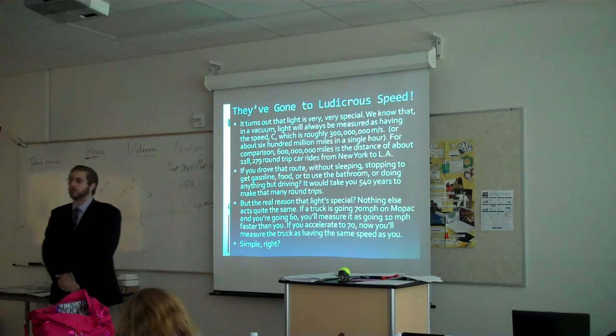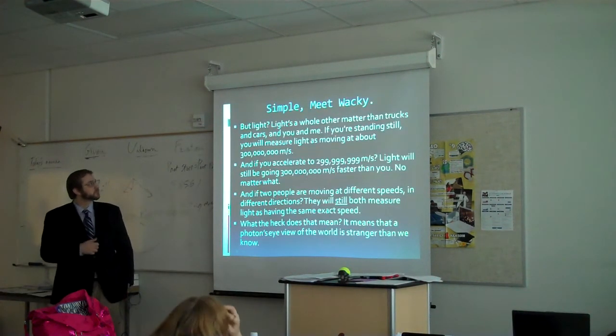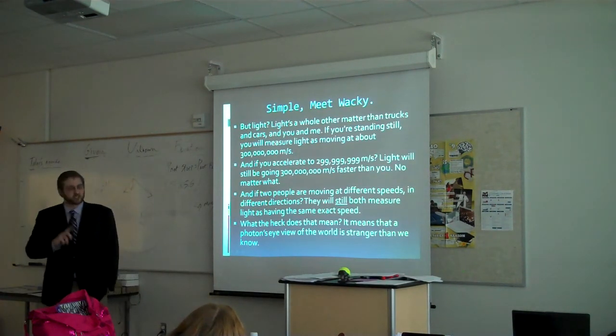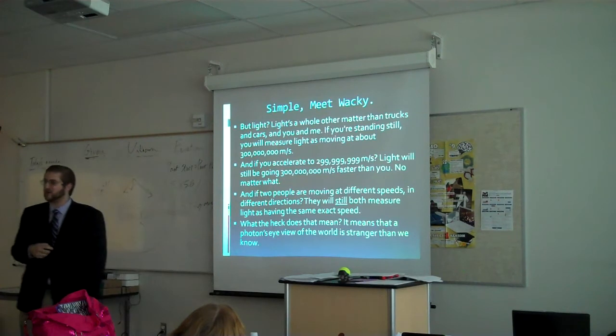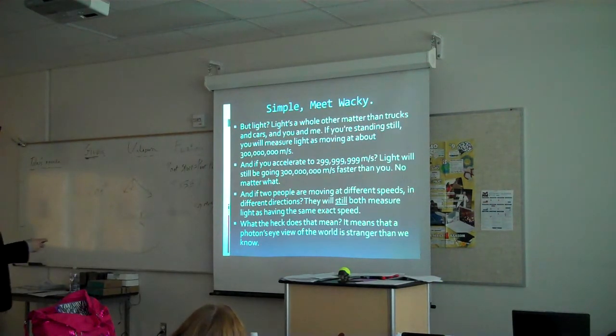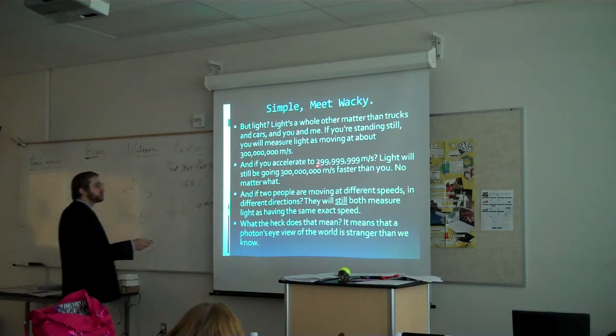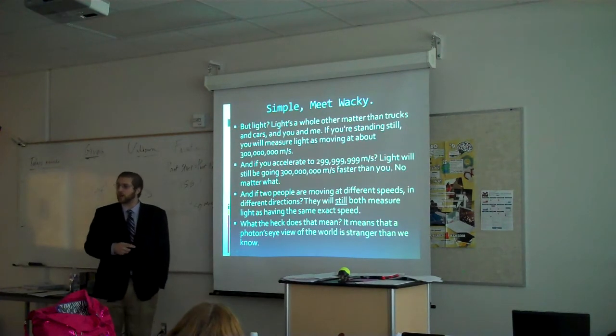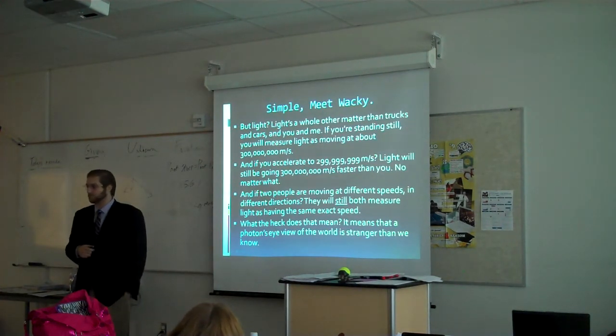Light doesn't work that way. No matter what you're doing, light is different. It doesn't work the same way as trucks, cars, you and me, or anything else we know. If you were to accelerate to 1 meter per second less than the speed of light, light will still be going the speed of light faster than you.